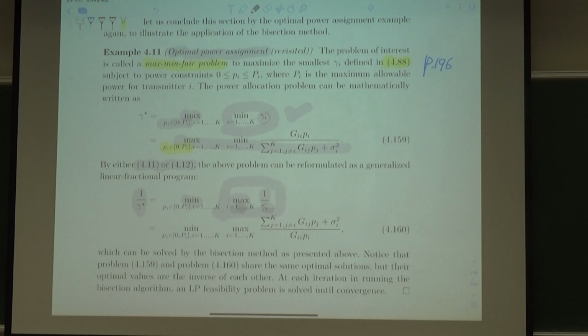Then we have the minimum of the maximum over i. 1 over gamma_i is 1 over this, the inverse of this thing. So this is the problem we will solve. Look at this. Is that convex? This is the objective function. Is it convex?